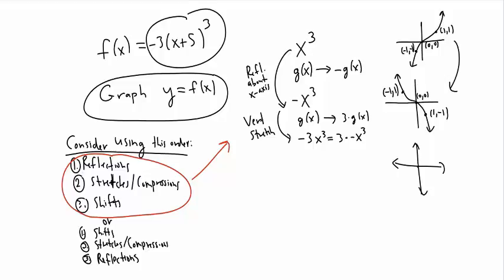So here are the points in the new graph corresponding to the old points. For this point 1 comma minus 1, I take the same x, 1, and now I look at the y of minus 3. Multiply the y coordinate by 3.